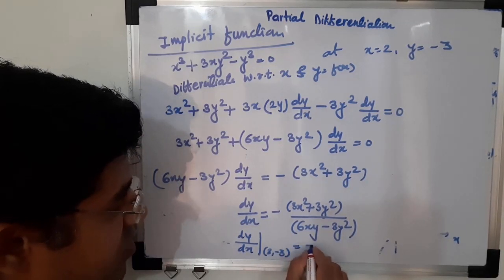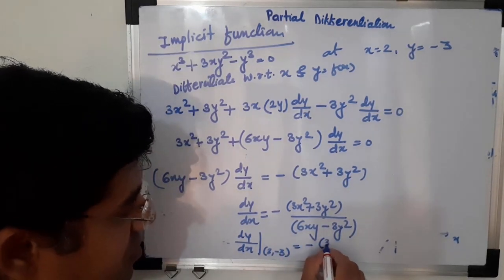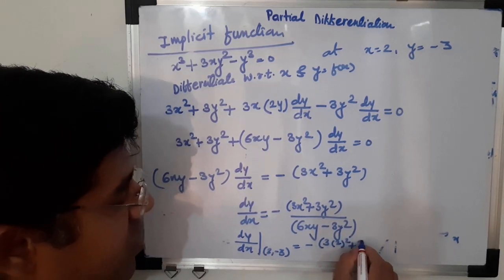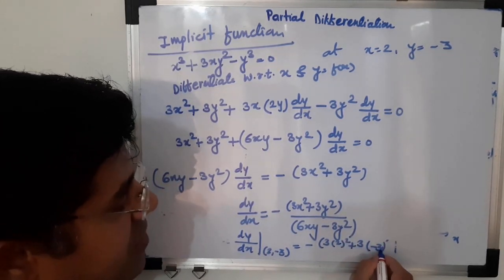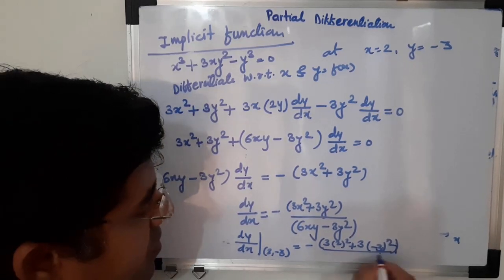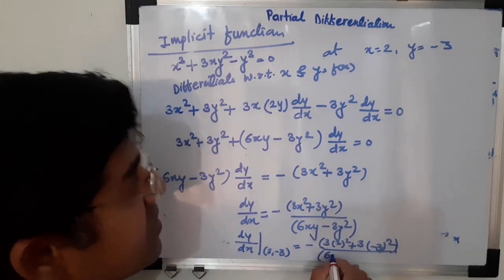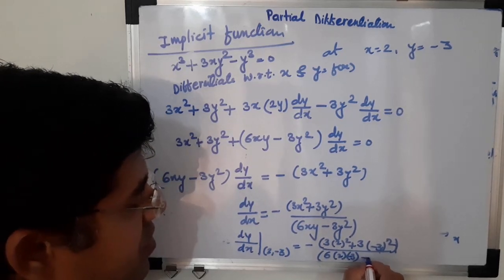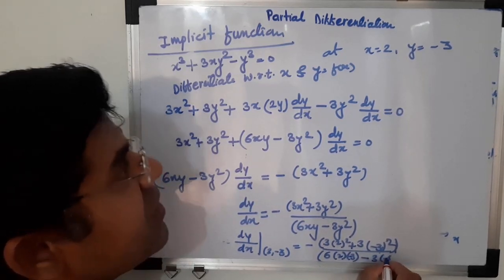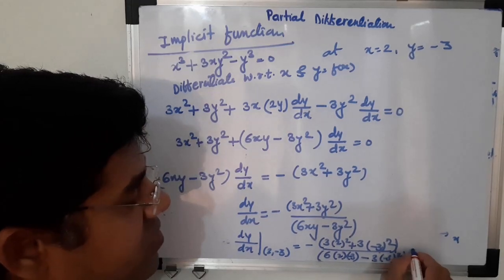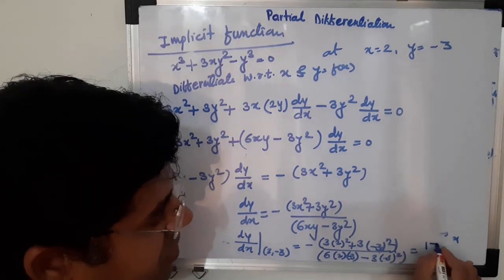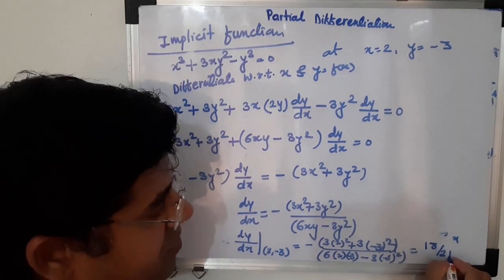So this is nothing but minus 3 times 2 square plus 3 times minus 3 square, divided by 6 times 2 times minus 3 minus 3 times minus 3 square. So you will get the answer directly: 13 divided by 21.